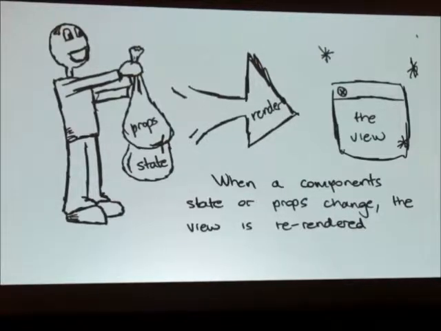And that's the same, again, in React and Vue. So the view is a function of props and state. State is the internal data that the component relies on and uses, and props come from the outside, like I said before. And so these two things make up what a component renders.